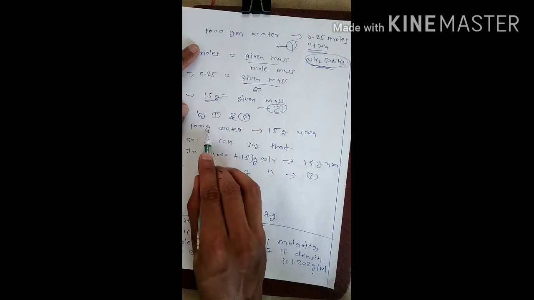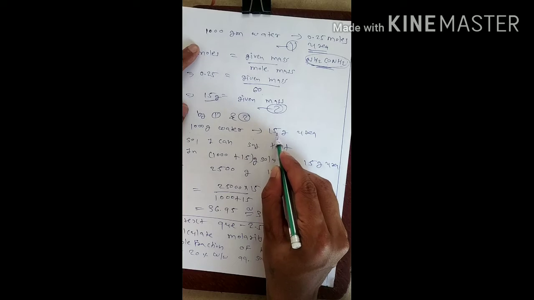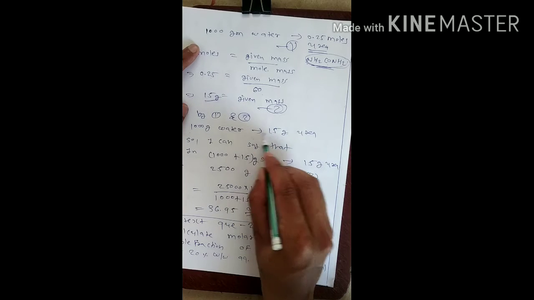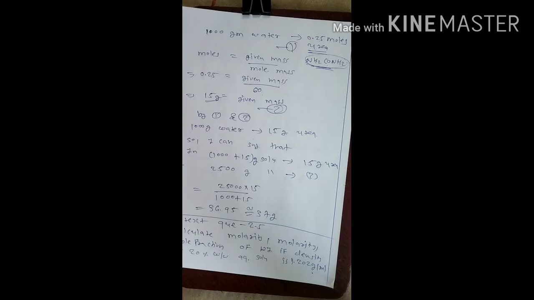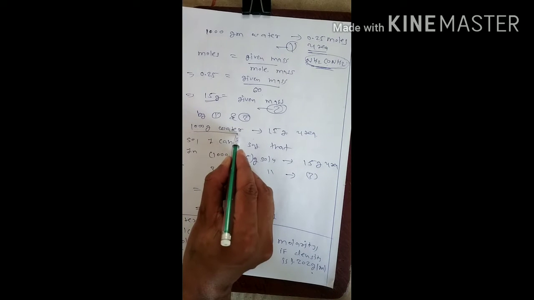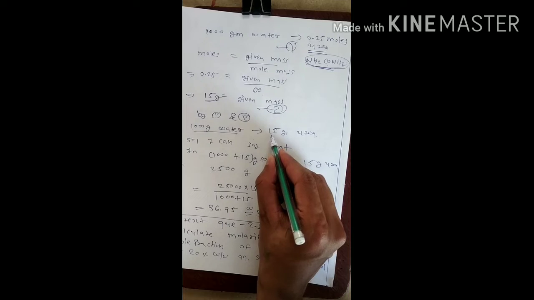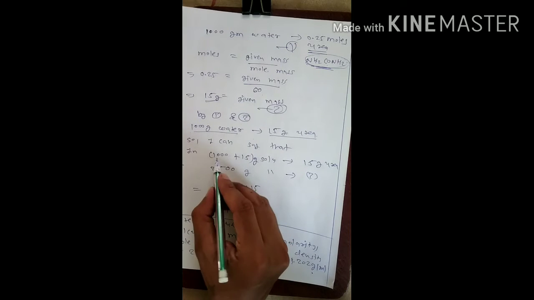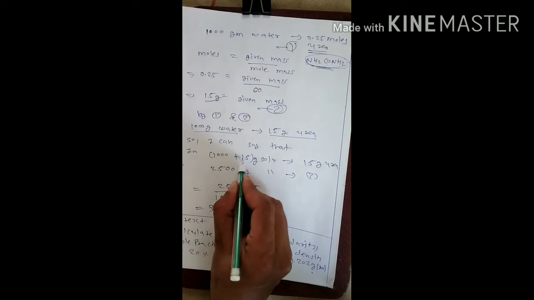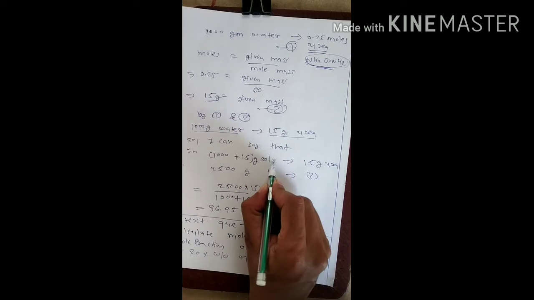So 1000 grams of pure water has 15 grams of pure urea. So I can say that to make 0.25 molar solution, we have 1000 plus 15 grams of solution.